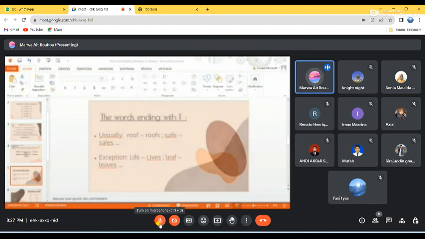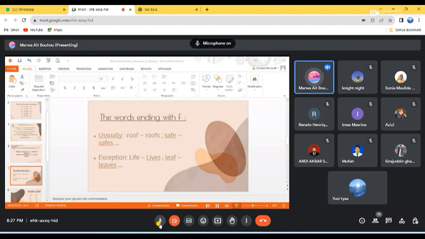Here we have some words that are already plural, and we don't use a singular form of them. We always talk about them without changing anything. For example, pants, jeans, scissors. I can say that I have scissors.